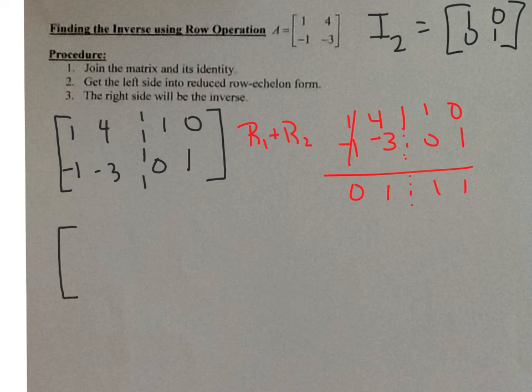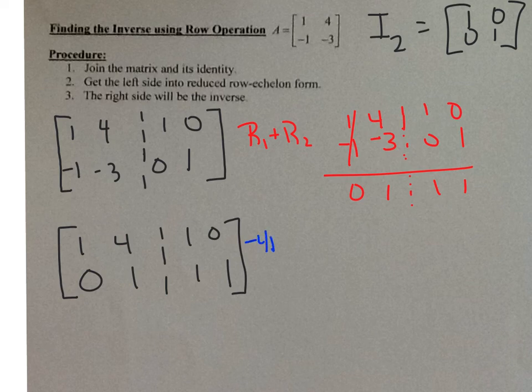So row 1 is going to stay the same. So it's 1, 4, dot, dot, dot, 1, 0. And row 2 is 0, 1, 1, 1. All right, so now what I need to do is make this 4 a 0. And look, this is already a 1, so that's nice. So I'm going to multiply row 2 by -4 and add it to row 1.